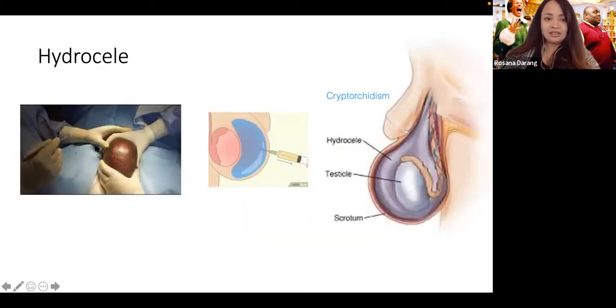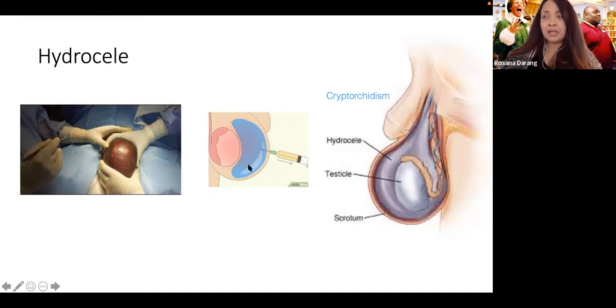Hydrocele. What you can see here in this image is two hands holding the scrotum. It's swollen, it's filled with fluid, and that is called a hydrocele. Every time you see the suffix cele, it means swelling, herniation, accumulation of fluid in a sac that has potential to accumulate fluid.